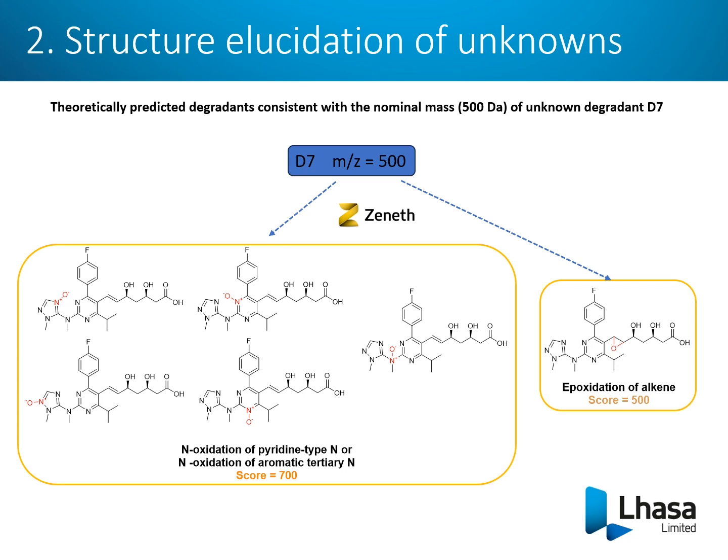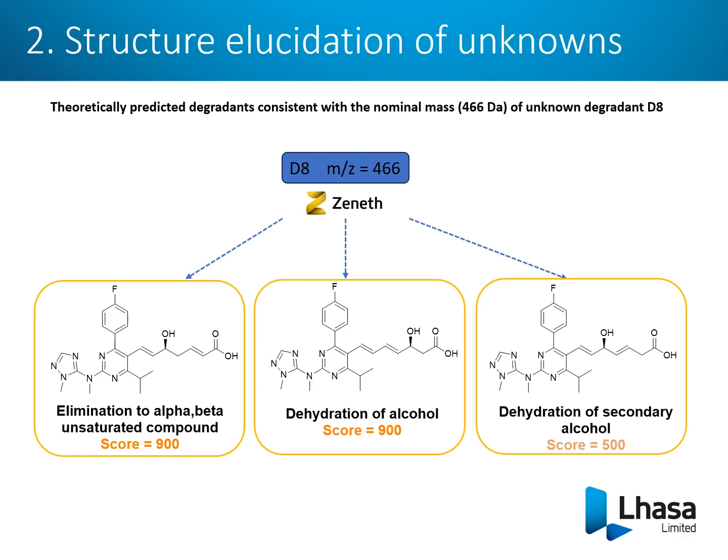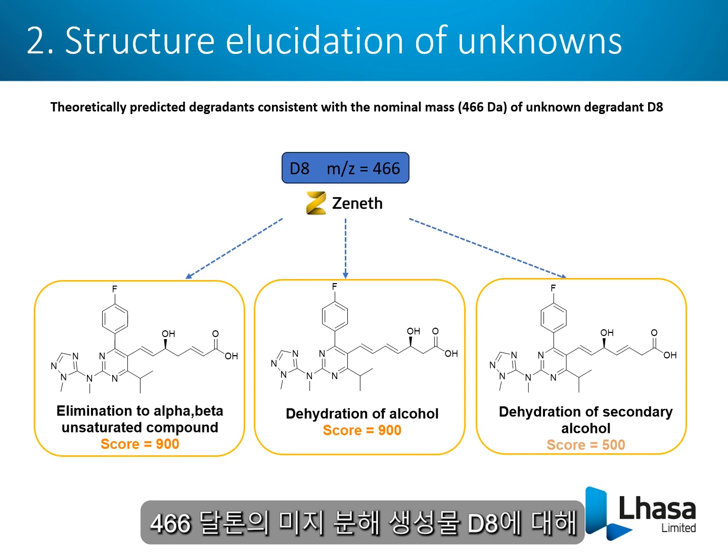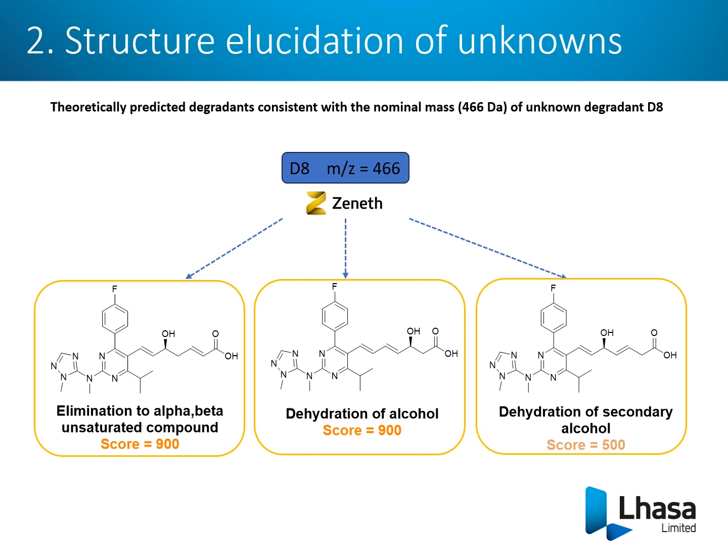Secondly, for the unknown degradation product observed in acidic conditions, D8 at 466 daltons, Zeneth predicts 3 possibilities. 2 are predicted as very likely at likelihood scores of 900.